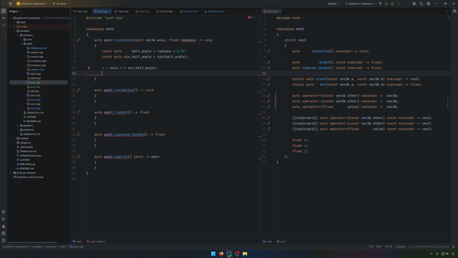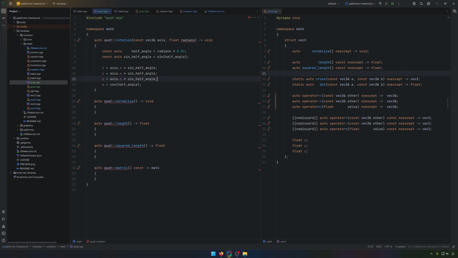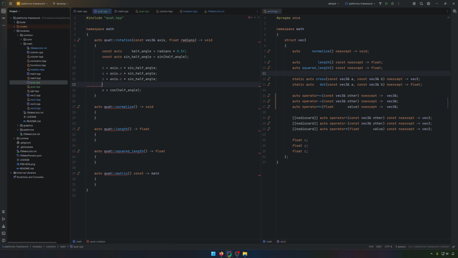The same we are doing for the Y and Z. The only difference is that for the W, we are using a cos function for the half angle. This is the only difference. And by doing this, let's also make this constant.